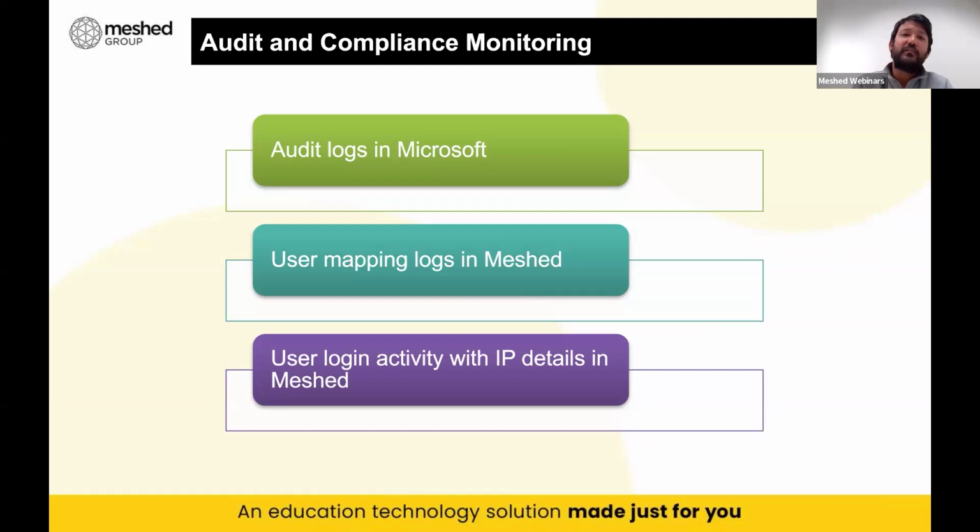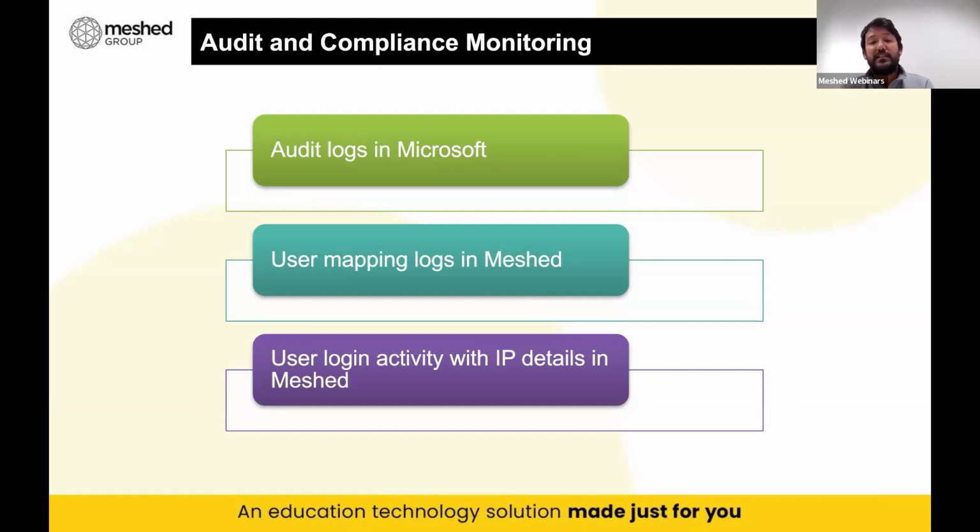You can see those monitoring logs in Azure AD to monitor the activities. On top of that, whenever a user is mapped to the Mesh system, we maintain a user mapping log, which you can check at any point of time to see who did the mapping, when the mapping was done, and so on. All the details are captured in the Mesh system.